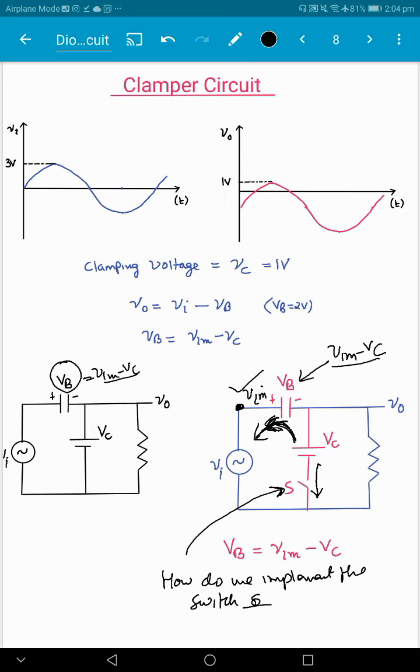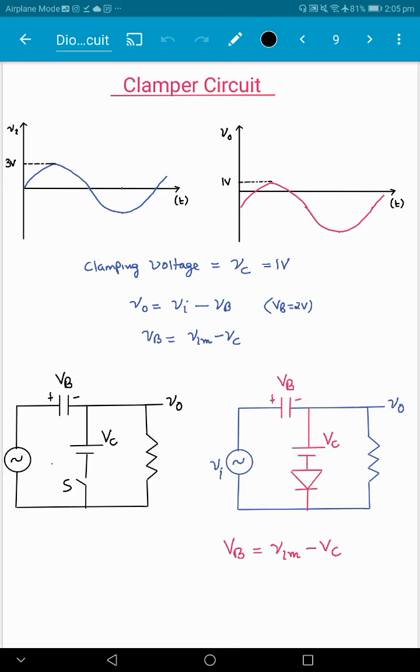So the switch is allowing current to flow in one direction and not allowing current to flow in the opposite direction. So we see that the switch is basically functioning like a diode.